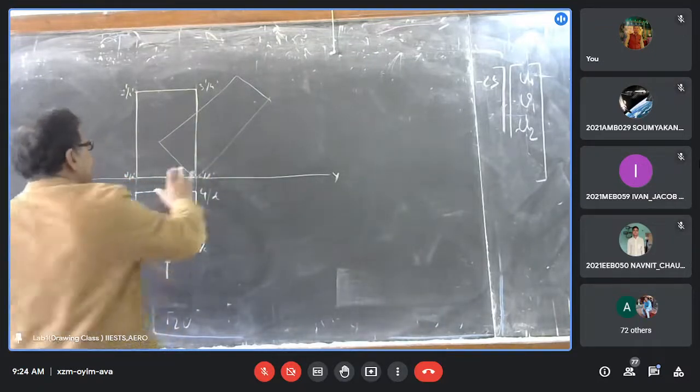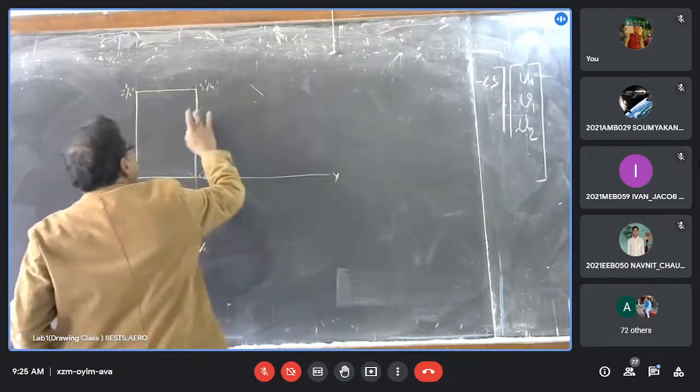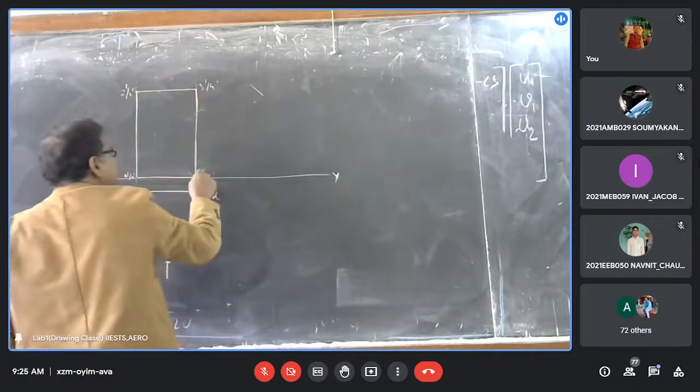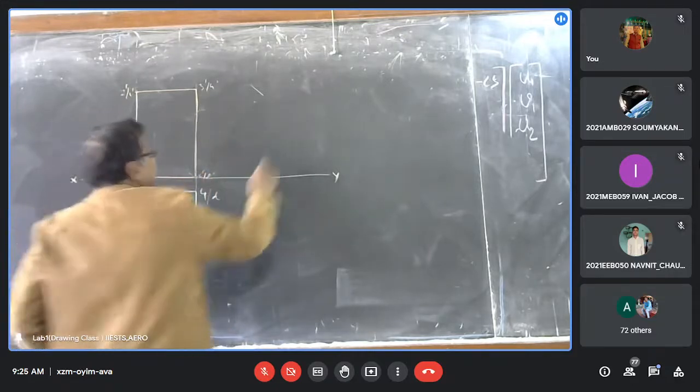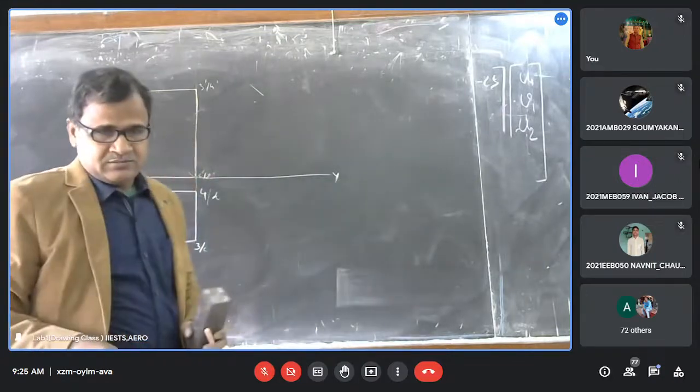So in that case, we just shifted this point. We shifted D dash here. We start here so that we can isolate the plane elevation. Okay.